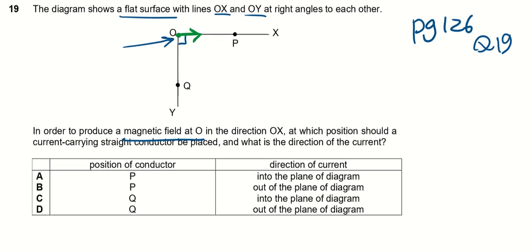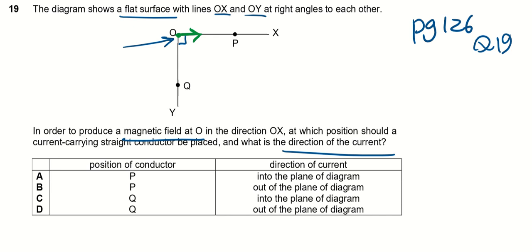Where should I place a current carrying straight conductor so that the direction of the current in the conductor will give me a magnetic field direction that is shown in green?